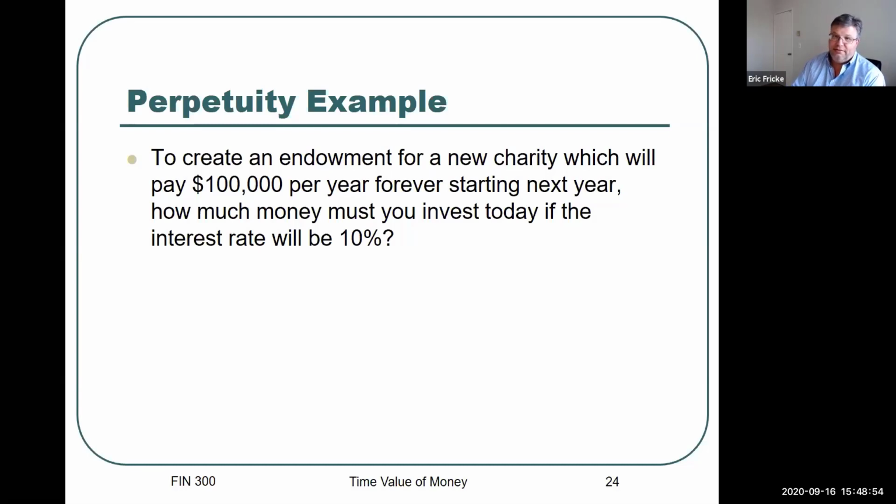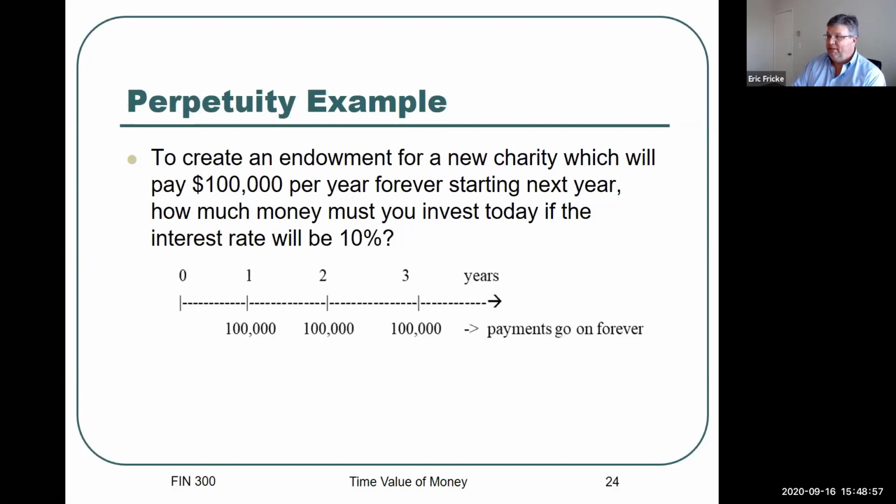So this is an example of the perpetuity formula. There's the timeline. Payments go on forever. And here's the formula we use. It's just C, which is the cash flow, 100,000, divided by the interest rate, which is 0.1. We do the math there, and we get $1 million.